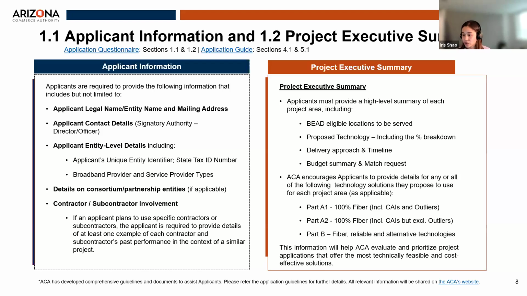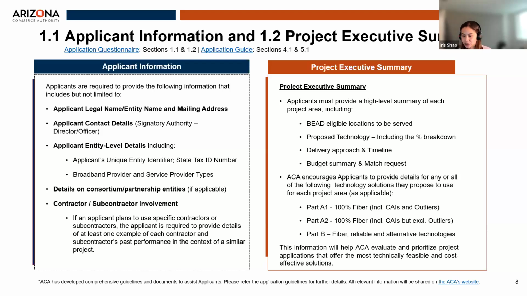And if you are able to provide details on your consortium and partnership entities, we'll ask you to provide a narrative that explains the organizational structure, role, relationship, and significance of each partnership entity. The narrative will also have to demonstrate your individual expertise and how you have the sufficient working capital to successfully complete the project.